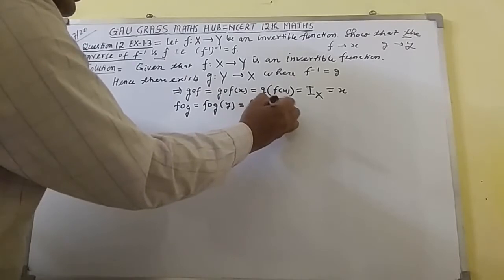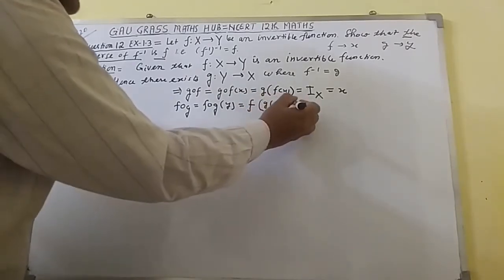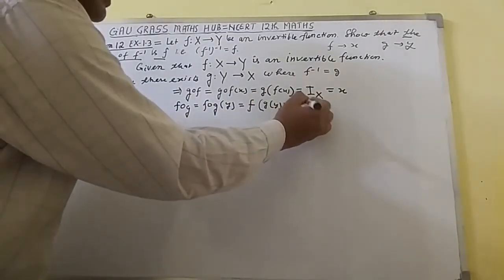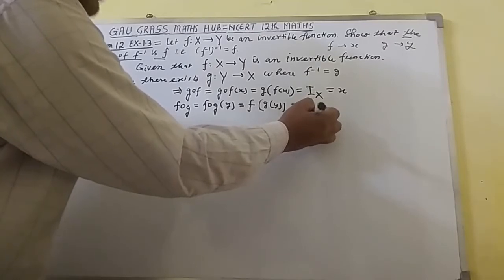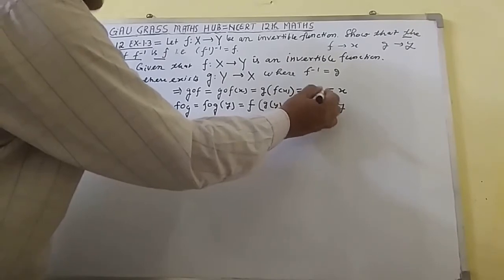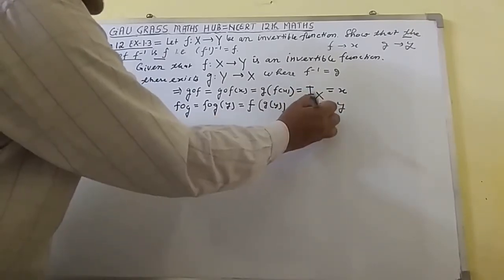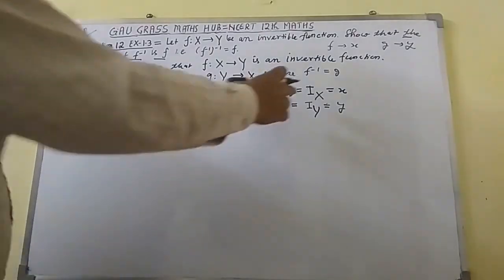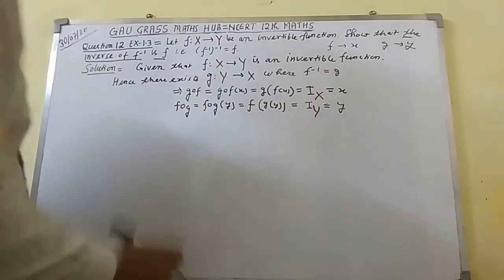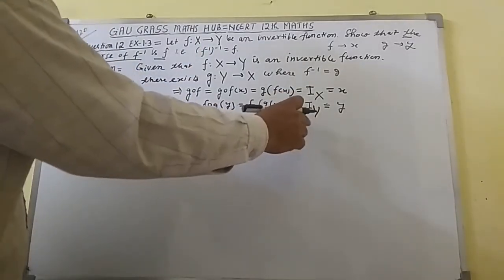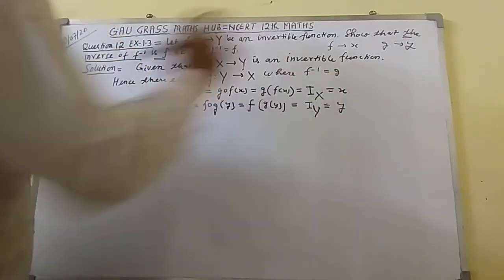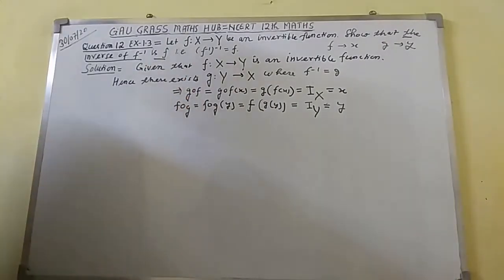After that write g(y), bracket close. Equal to y. This will be the identity function on Y, equal to small y. So the identity function on domain capital X, and the identity function on range capital Y. This is the statement you have to write here.